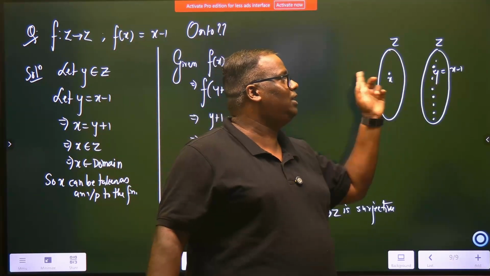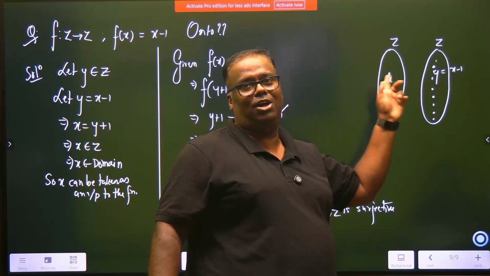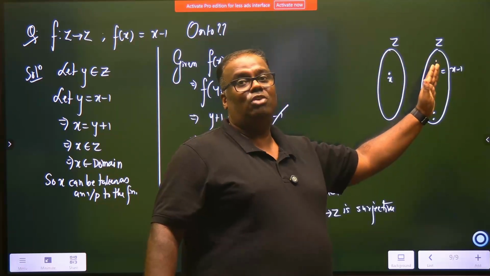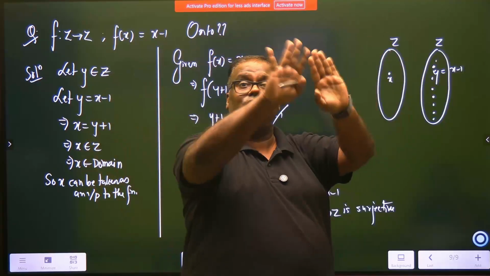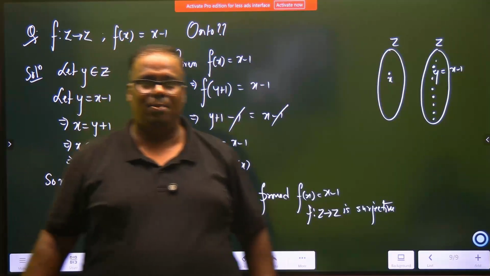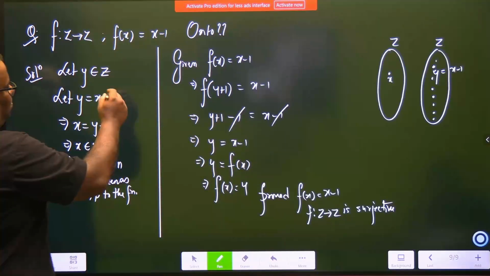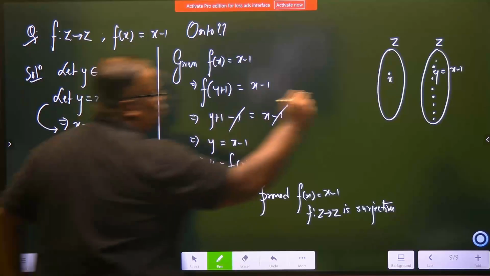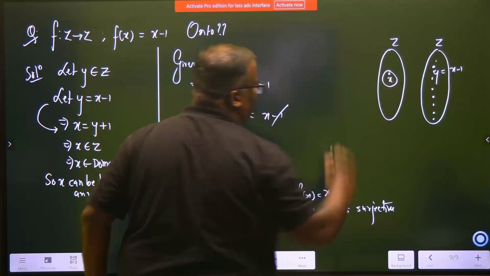Where have you created this image? You have to find its partner out here. This is the image. Now you have to create a pre-image and show that it is the function value of that. From this step, Ananya, we tried to identify an x.